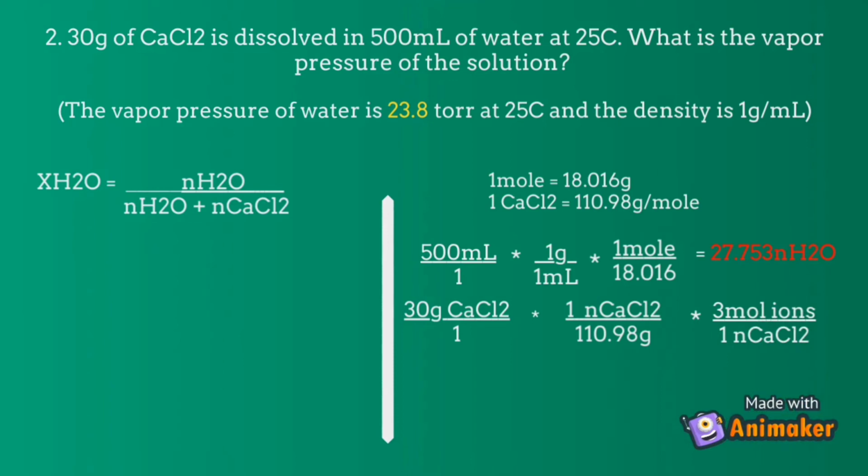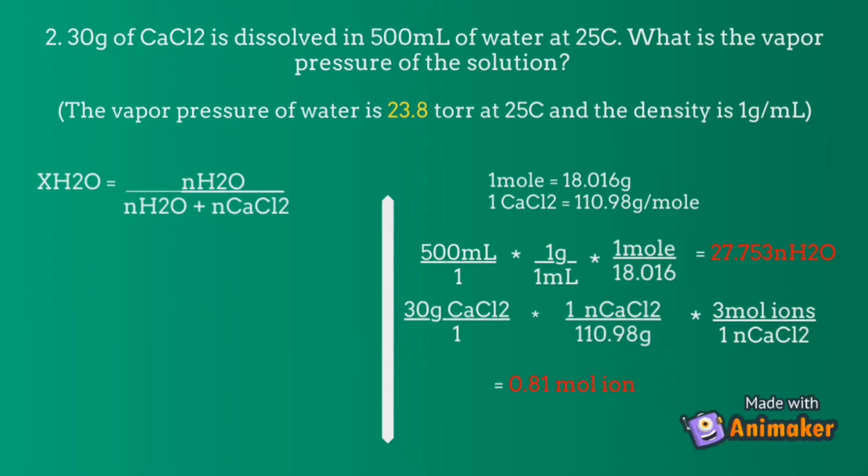Then multiply the top and the bottom, divide, and solve. We got the answer, 0.81 mole ion.